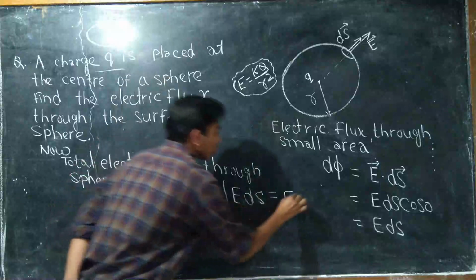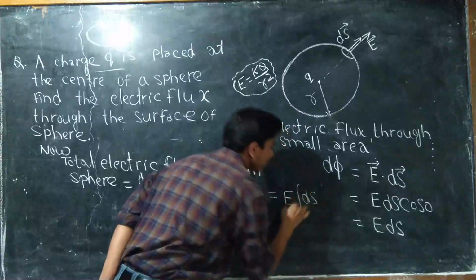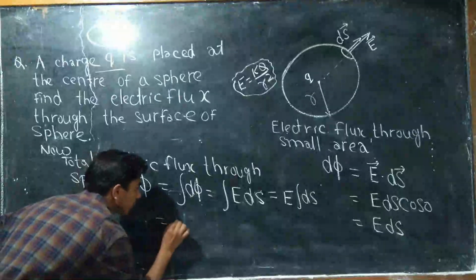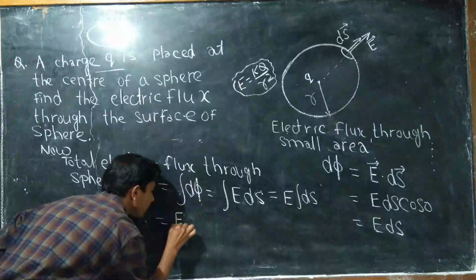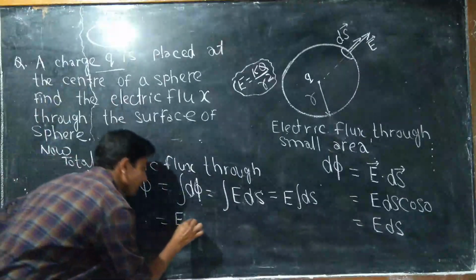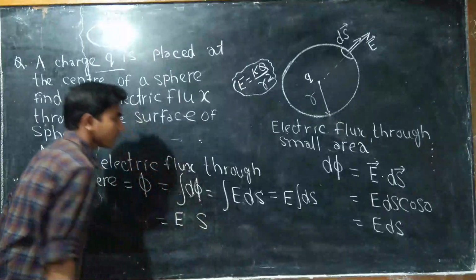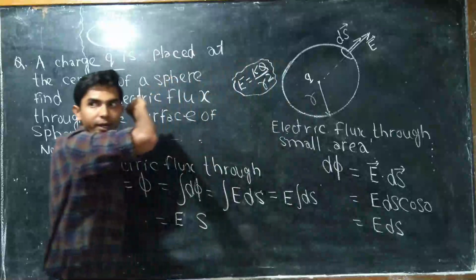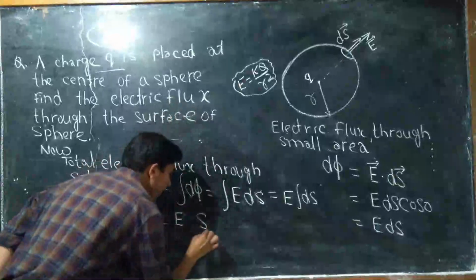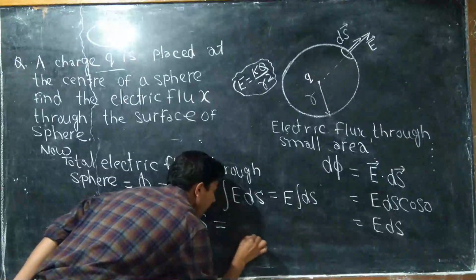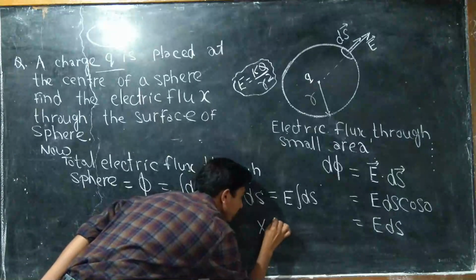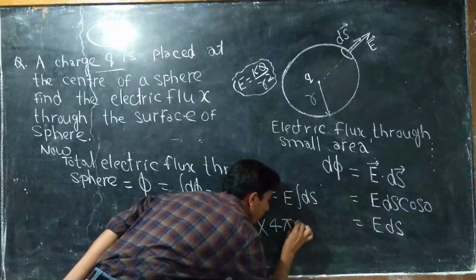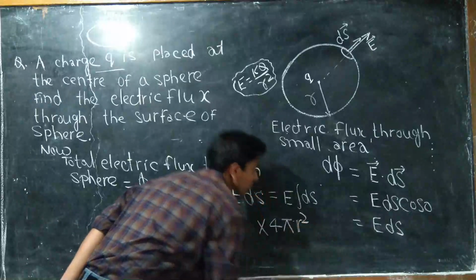Inside, what value do we have? Integration of dS is S, and this S is the surface area of this sphere, which is 4 pi r square.